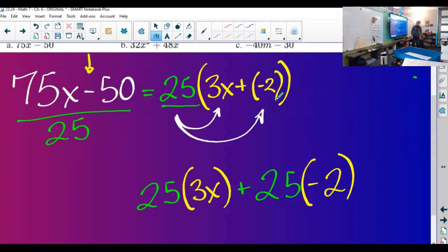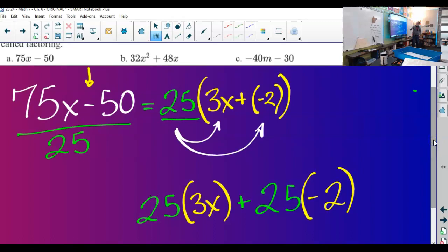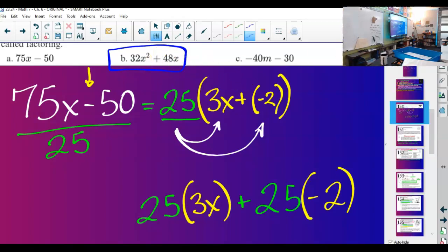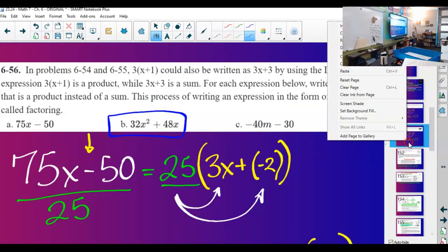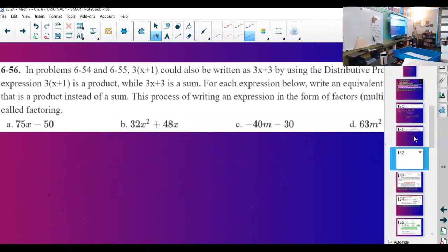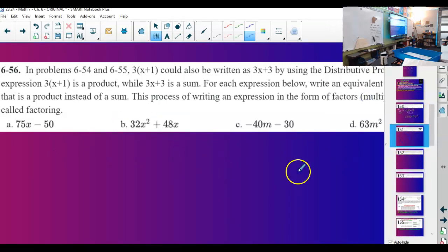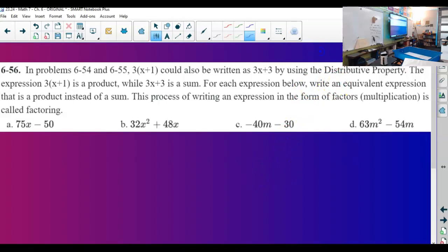Ninja over here. So, Jack, if you'd like to help me with the next one, we're going to write down 32x squared plus 48x. Write it down. I'm going to clone my page so I can clear everything else. You should be asking yourself right now, what could 32 and 48 divide by so that we can set up what distributive property could have happened?